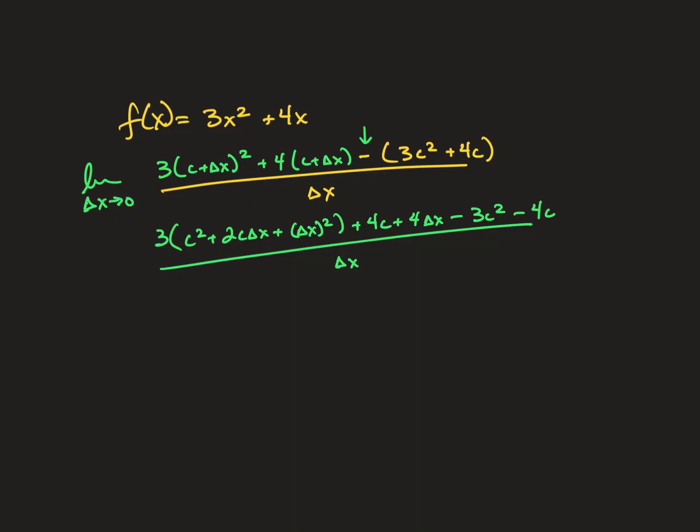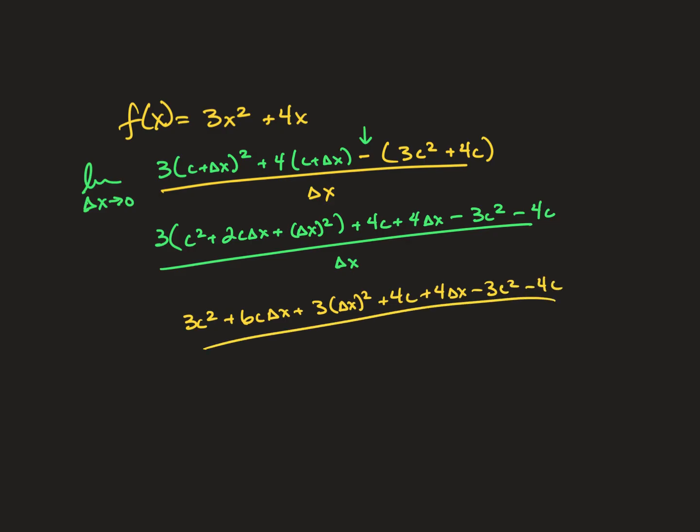What should we do with that 3? Distribute it. So now I have what? 3c squared plus 6c delta x plus 3 delta x squared, and then plus 4c plus 4 delta x minus 3c squared minus 4c, all over delta x, as my limit as delta x approaches 0.